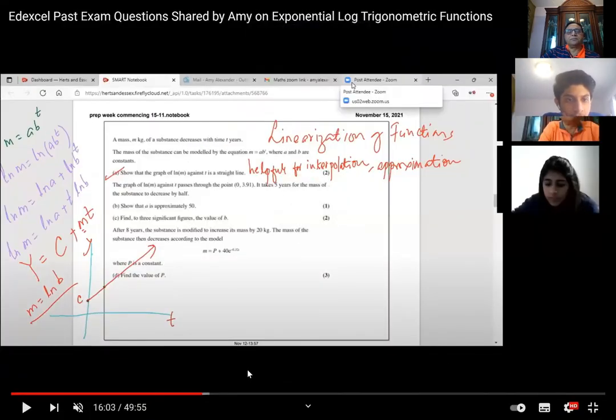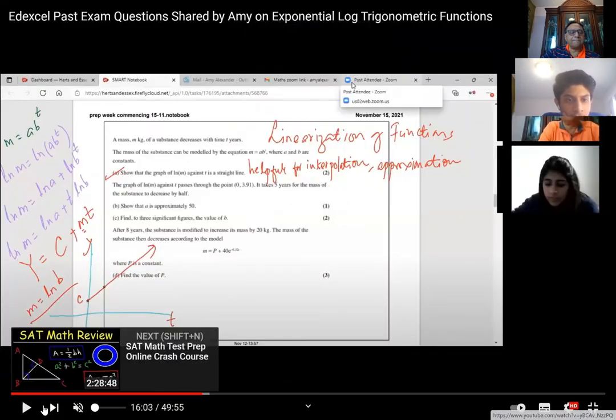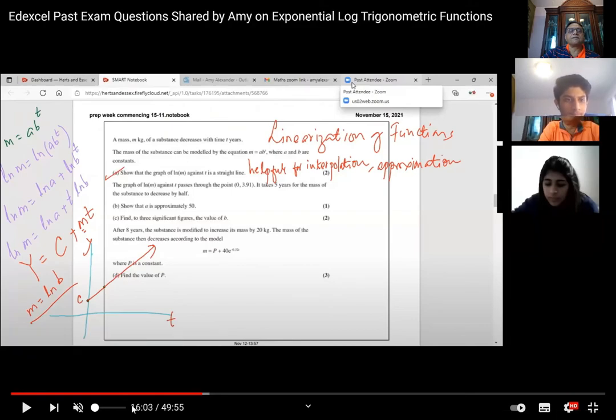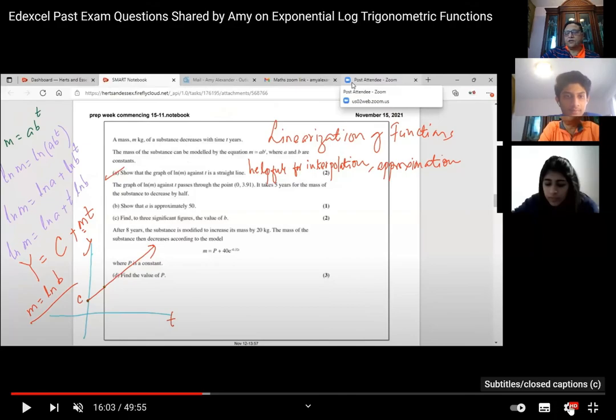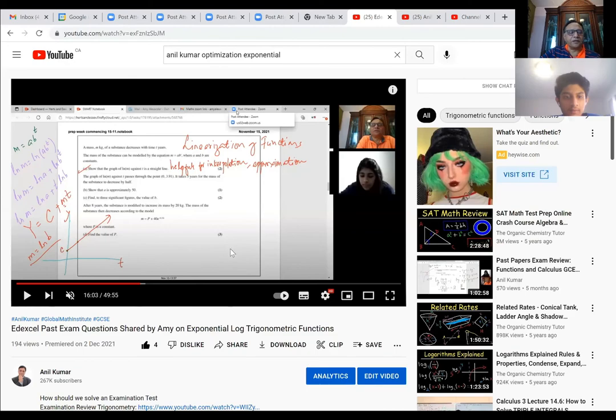It's a practical example, as you can see. Okay. So this is similar to a decay type question, right, sir? Correct. So these types of questions you could definitely work on to master your skills on exponential functions.